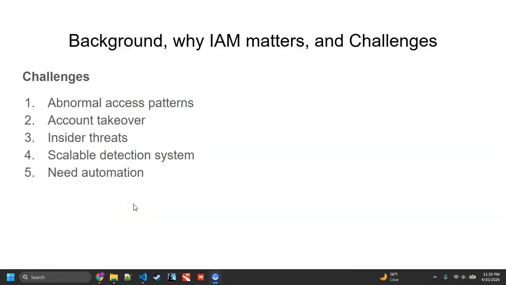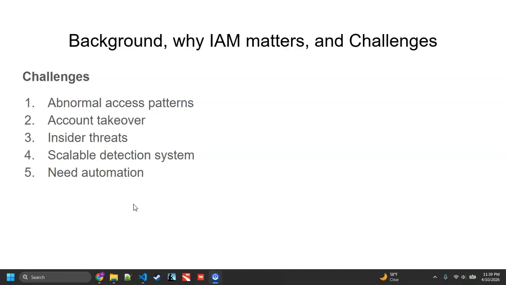Today, identity has become the primary security perimeter. That's because most modern breaches typically involve stolen or compromised credentials rather than traditional network attacks. Some of the big challenges are account takeover, abnormal access behavior, and insider threats.